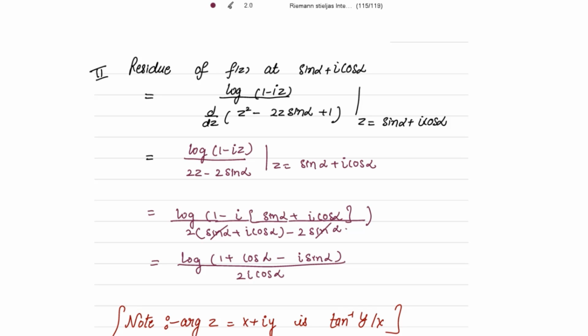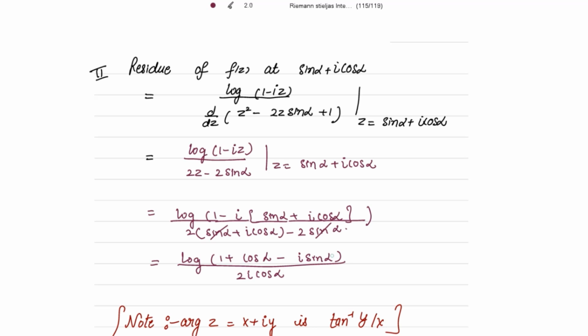Now I know that log of something is equal to log of the modulus of that minus iota times the argument of the thing in the bracket. Please note that if z is x plus iota y, then the argument of z is tan inverse y over x. So the argument will be tan inverse sine of alpha over 1 plus cos alpha with a negative sign.